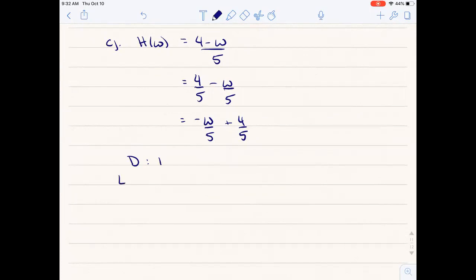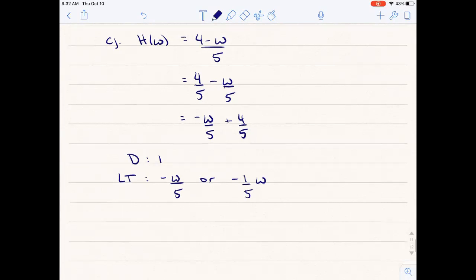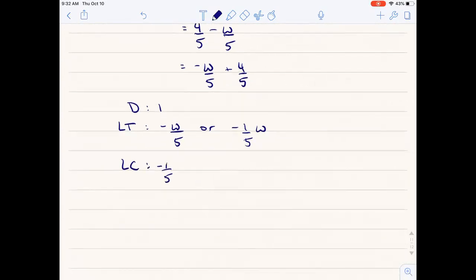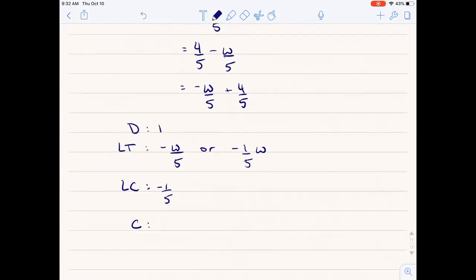My leading term is negative w over 5, or negative 1 over 5 times w, right? If you prefer to have the coefficient and then your variable. Makes it easier to figure out what your leading coefficient is. In this case, it's negative 1 over 5. And your constant is the 4 over 5, the one that's not attached to a w.